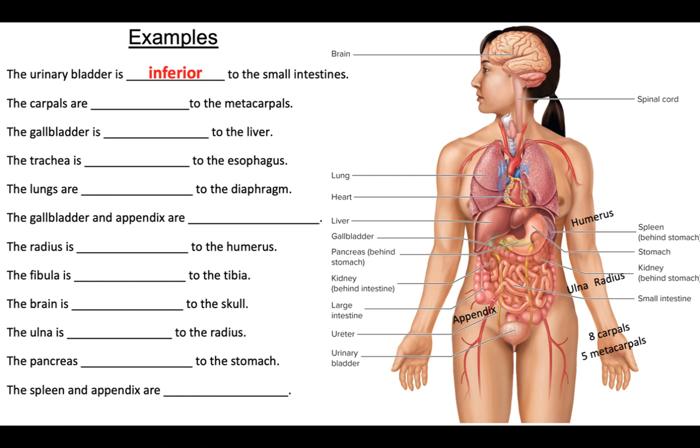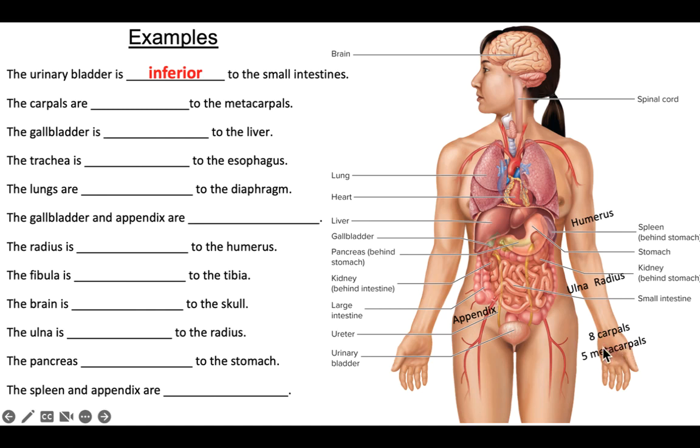Next one's carpals and metacarpals. So these are bones. Again, we're going to get to bones another day, but we should probably know where carpals and metacarpals are. Carpals are the 8 bones in your wrist. So in your wrist here, you've got 8 little bones called carpals. Metacarpals are in your hand.